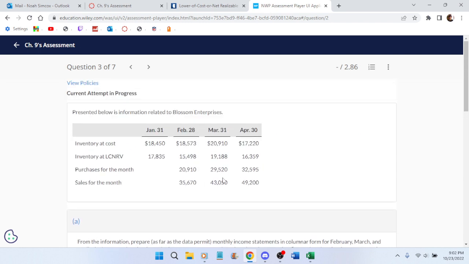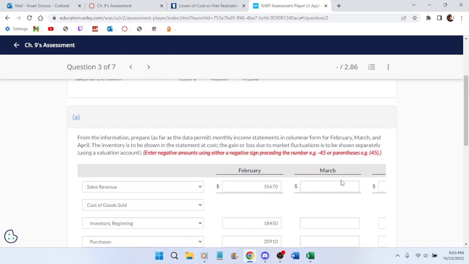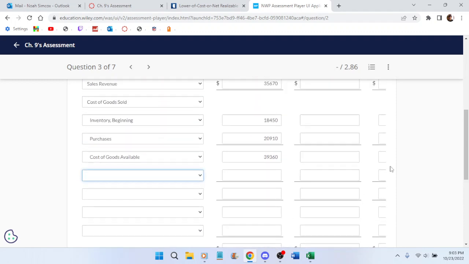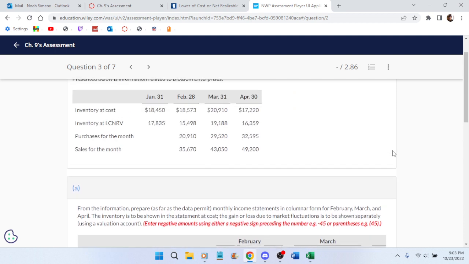The problem is, are you literally supposed to calculate your gross profit percentage? They don't even refer to that section of the book. What the heck? Dude. What?